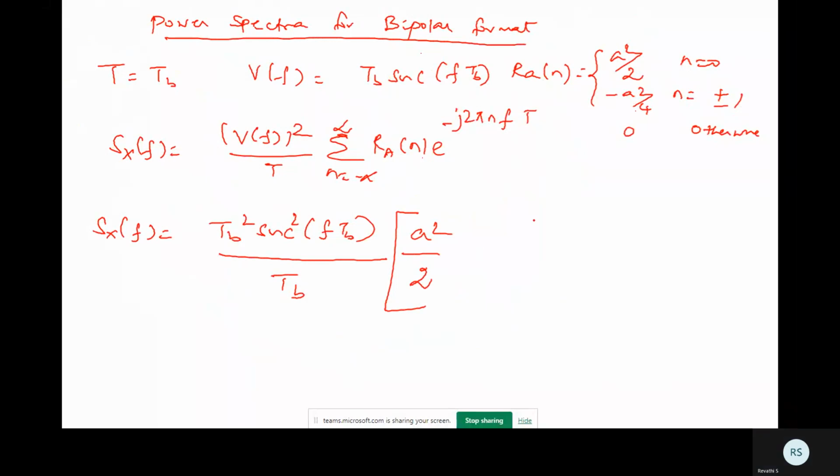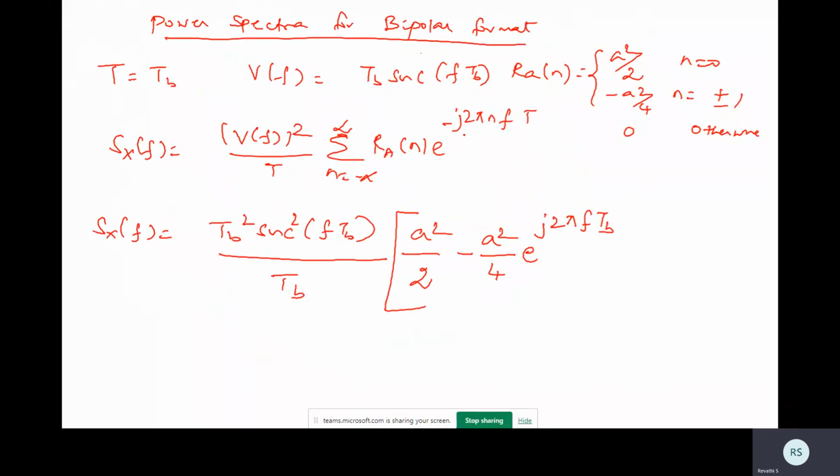Next you put n equal to minus 1. When you put n equal to minus 1, this becomes e power plus j 2 pi f tb because t equal to tb, and RA of minus 1 is minus a square by 4. So you write minus a square by 4 into e power plus j 2 pi f tb. Okay, and now you put n equal to plus 1.